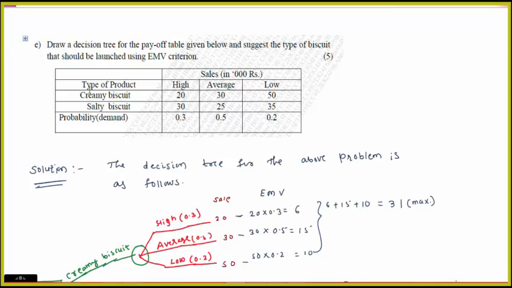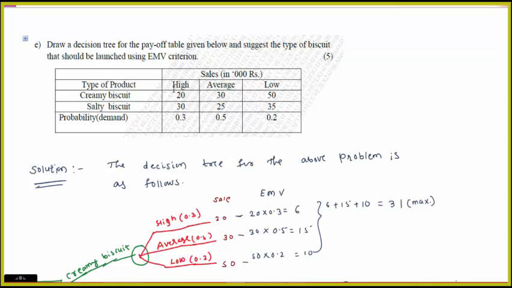Here the table is given. In that table, the type of product is given: creamy biscuit and salty biscuit, two types of products, and sales in 1000 rupees. Sales may be high, average, or low. In the coming days, we will not know whether the sale is high, average or low, so these are the states of nature.